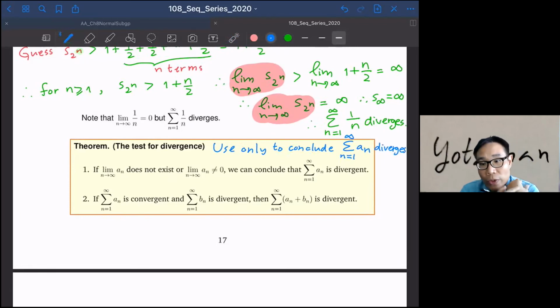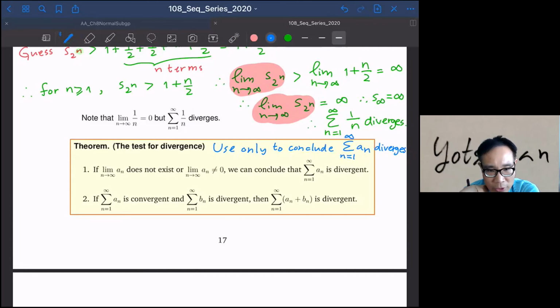So we can use this test only for concluding that the series diverges. What the test tells you is that if the limit of an does not exist, or if the limit as n goes to infinity of an does not equal 0, we can conclude that the series is divergent.